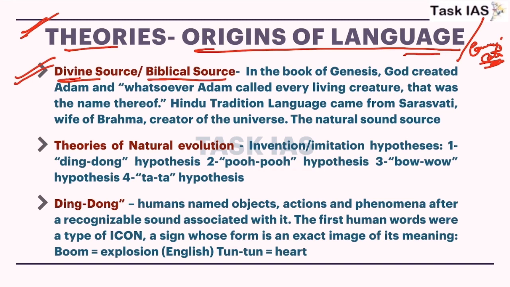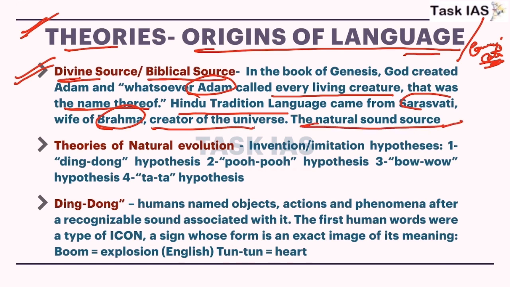For example, according to this theory, whatever names Adam used for living creatures were a part of language. Different names were used by Adam, and that's why there was creation of vocabulary by Adam using different words. The Hindu tradition also mentions Saraswati and Brahma as creator of the universe, and they are the source of natural sound.